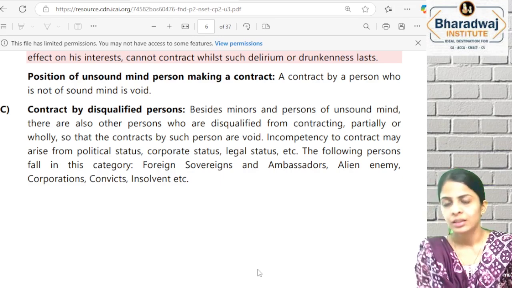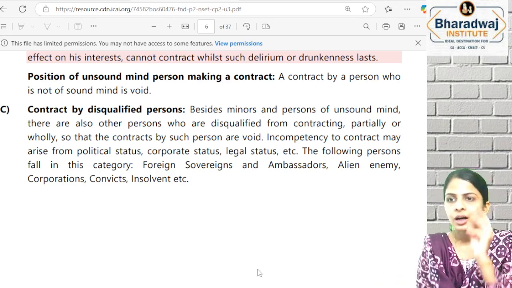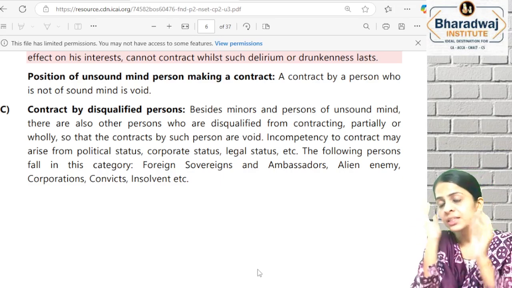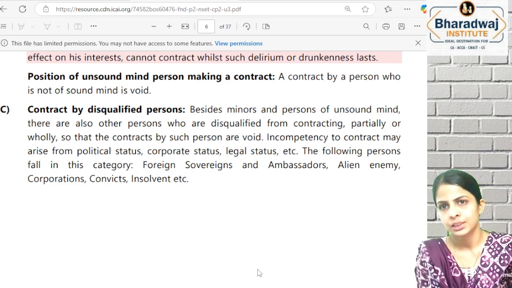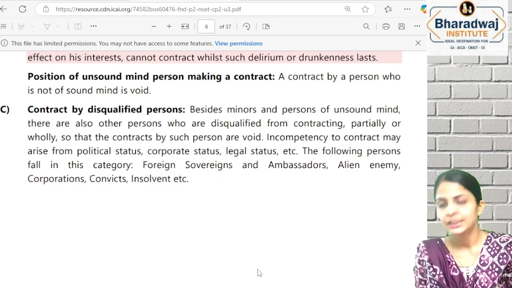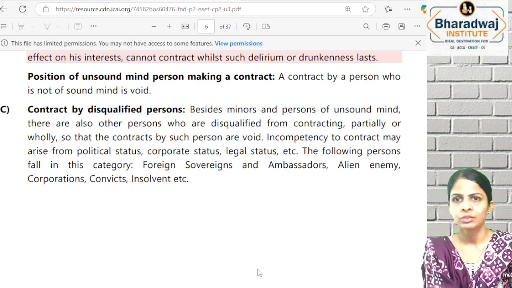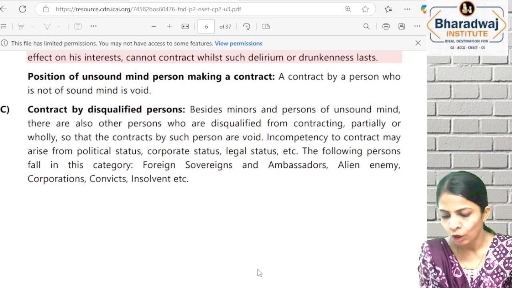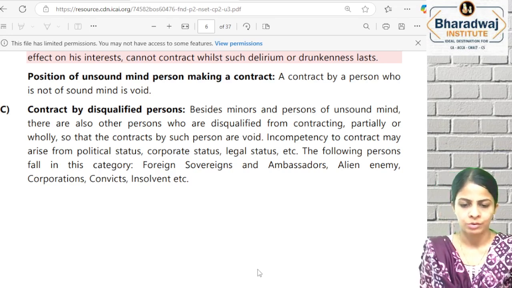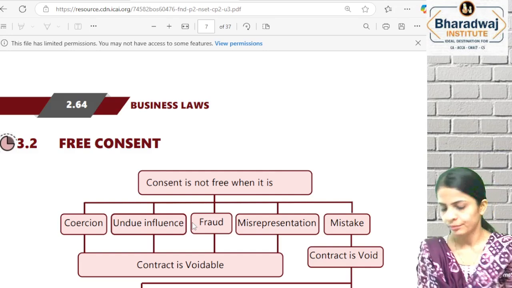If only a case is going on, he is not a convict. A conclusion is done, a judgment is passed that he has to be imprisoned or sentenced to death. That person is a convict. Clear? Sitting in jail is not being a convict, just because a case is going on. After the result only, he will turn into a convict. Foreign sovereigns and ambassadors. So a contract entered into by a disqualified person is not valid.